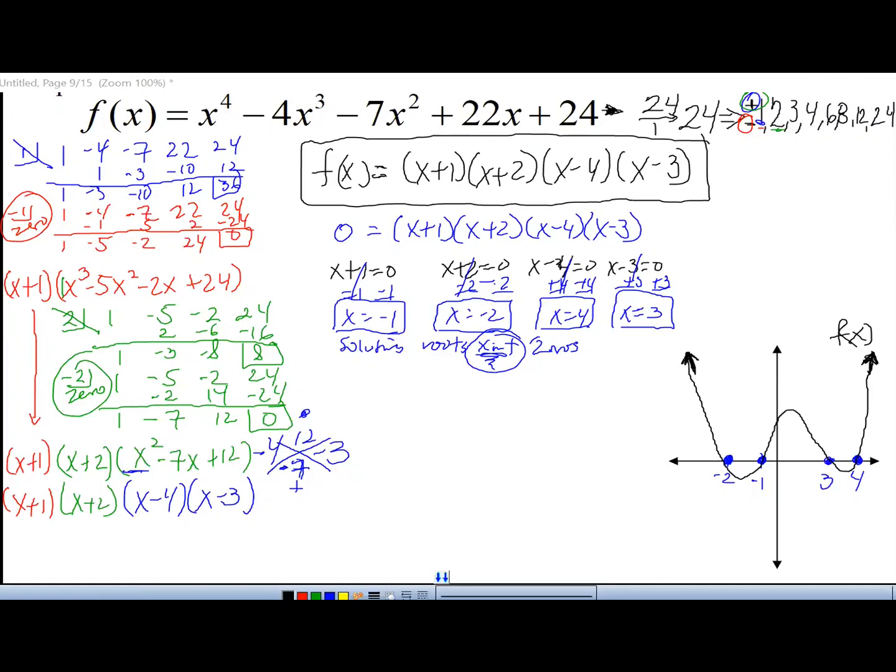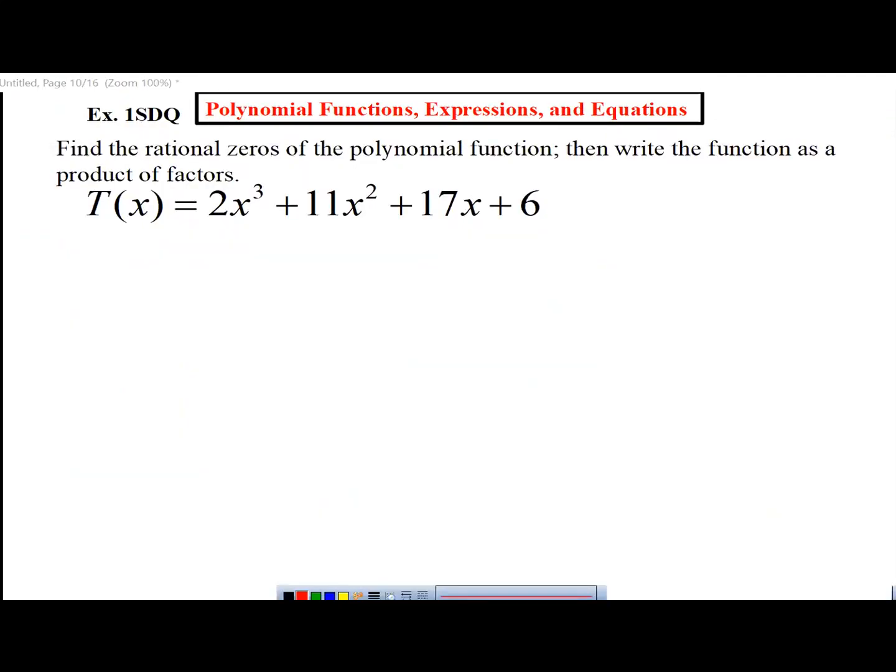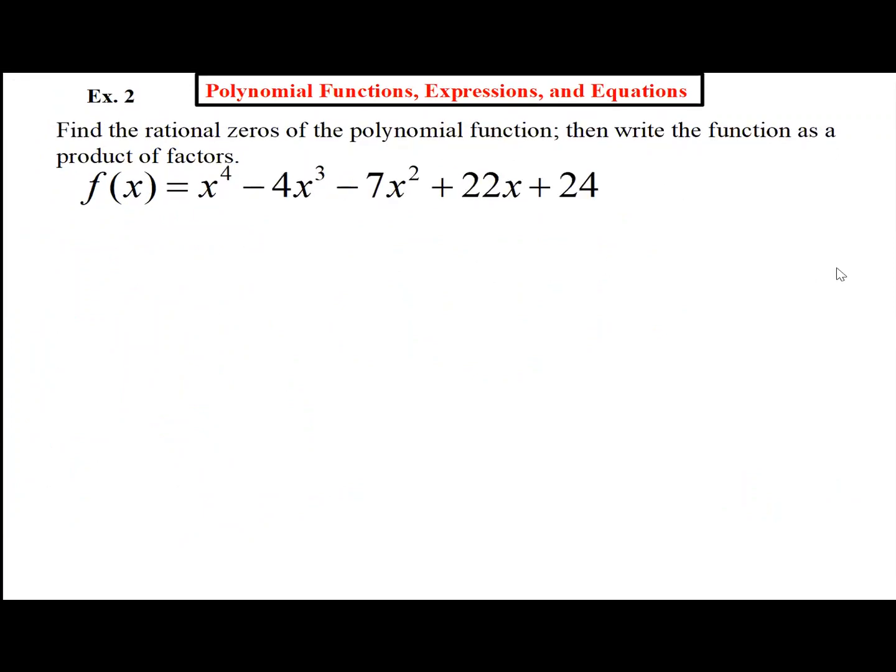Now, one last thing. Let me show you something really quick. What if, after you did all this, look up, you ended up with something like this? Let me do a new screen. Let's say they gave you whichever function.